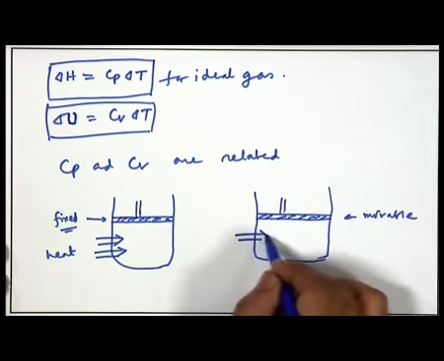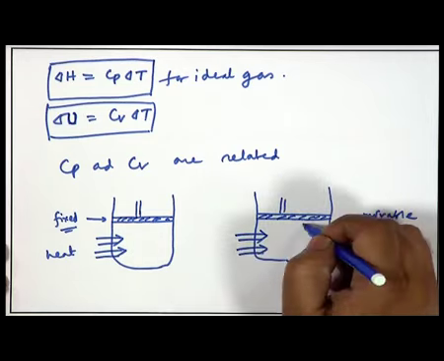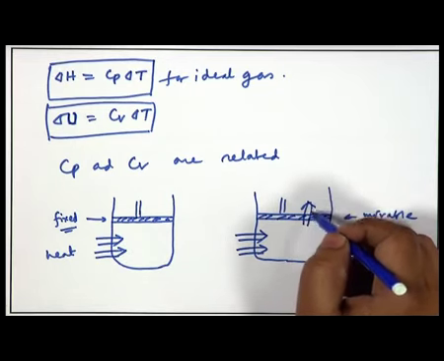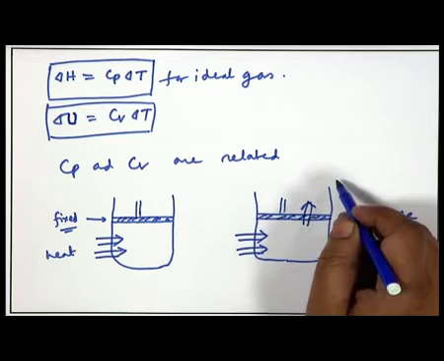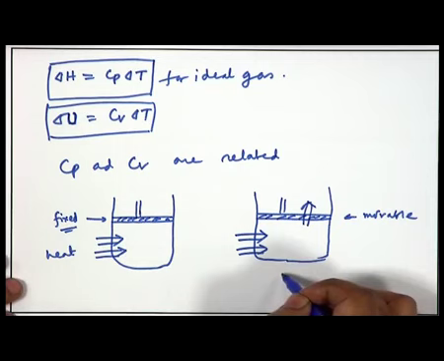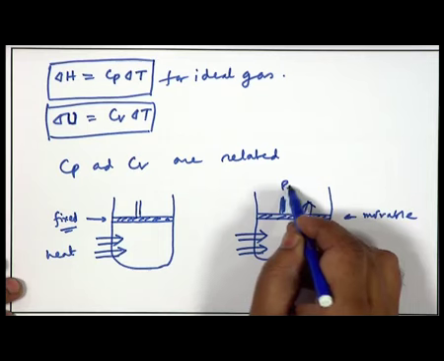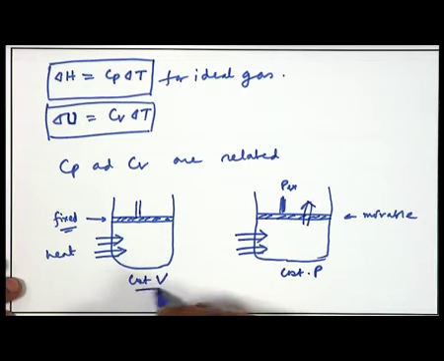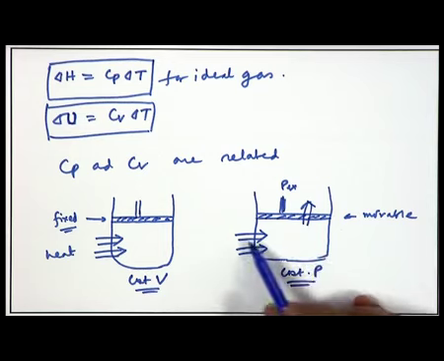Then if you supply heat, the volume of the gas will expand, and if volume expansion happens, you know that the system is doing some work on the surroundings, so it is losing some energy by doing work. So, this is a constant pressure process, and this is a constant volume process.